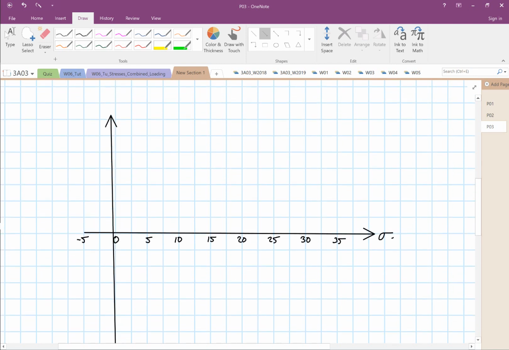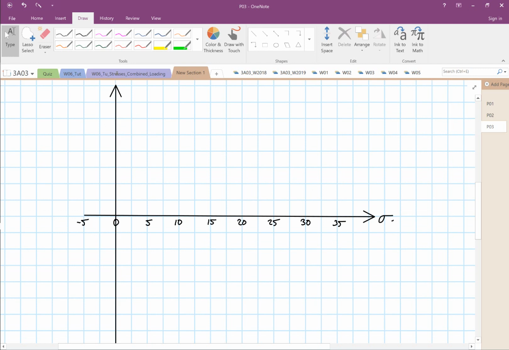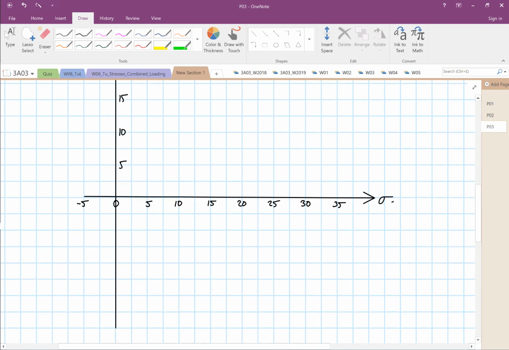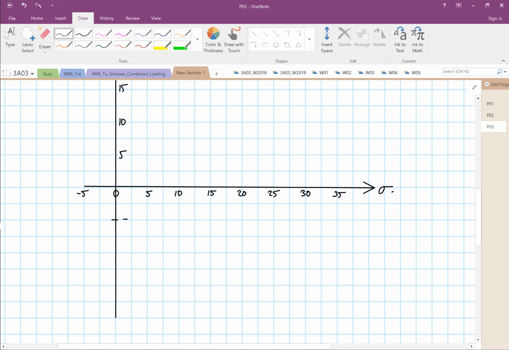If not, you'll get an oval. Over here, shear is in a clockwise element rotation direction. So over here is minus 5, 10, 15, minus 20.